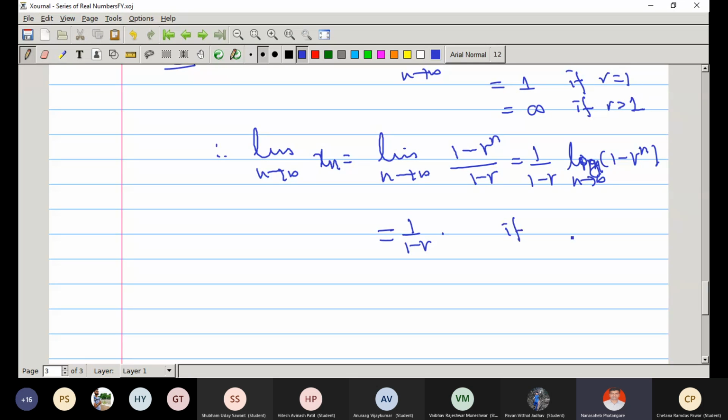If 0 is less than r less than 1, the limit of r raised to n is 0, therefore it is 1. What is it if r is greater than 1?